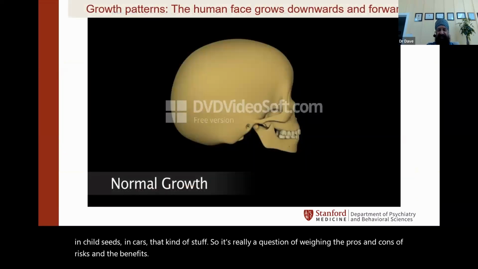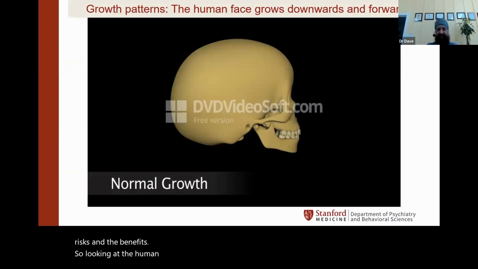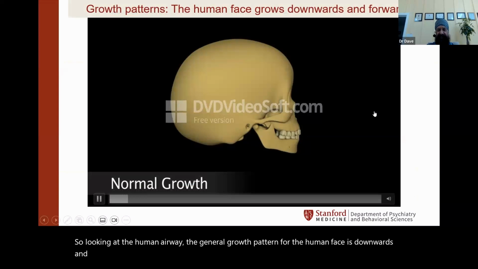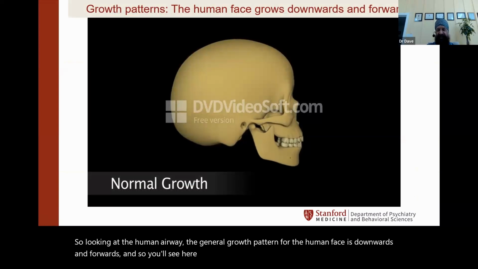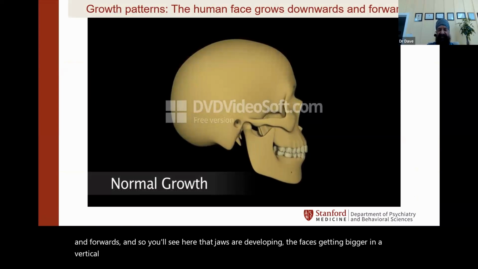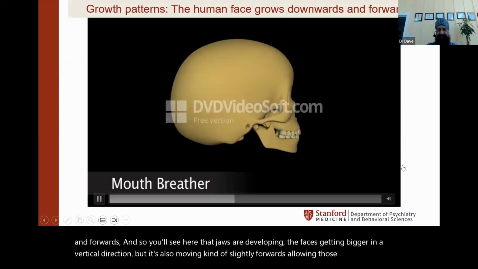So looking at the human airway, the general growth pattern for the human face is downwards and forwards. You'll see here that the jaws are developing, the face is getting bigger in a vertical direction, but it's also moving slightly forwards, allowing the teeth to erupt into position.